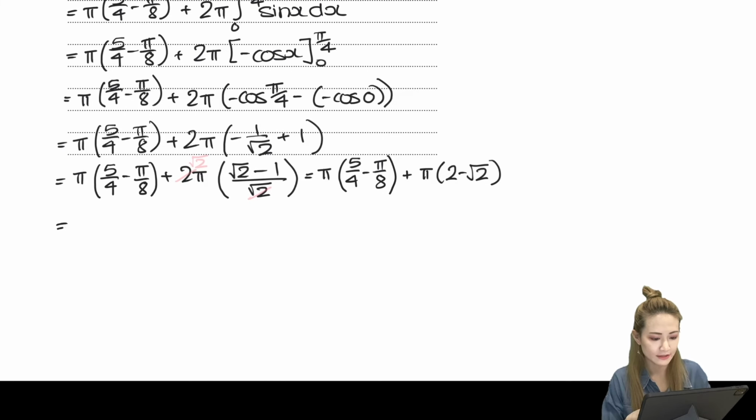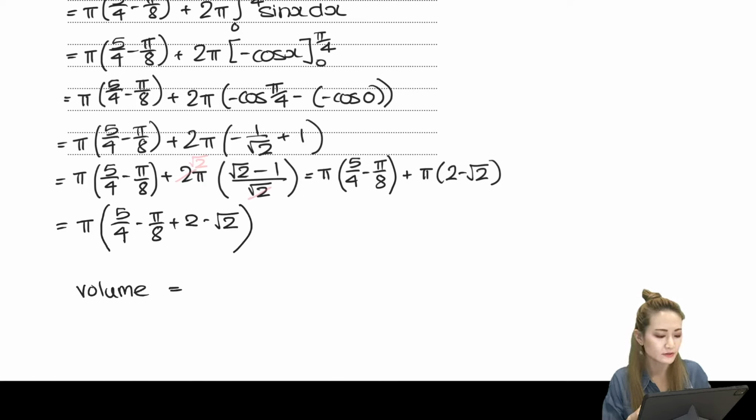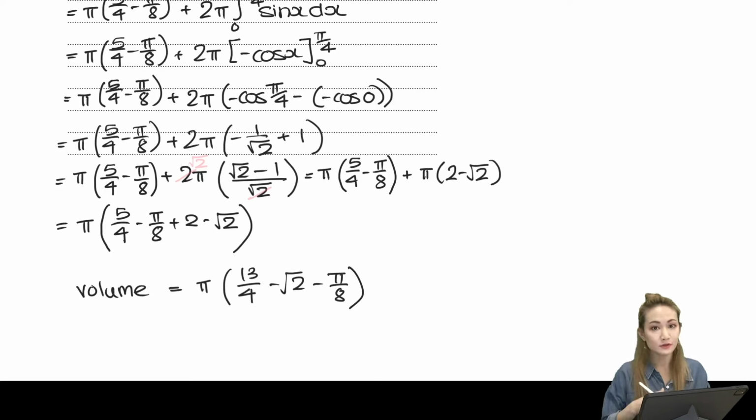Now we've taken the pi out so that it's a lot simpler. Therefore, the volume equals pi multiplied by 13 over 4 minus root 2 minus pi over 8. And that is the exact answer, no rounding.